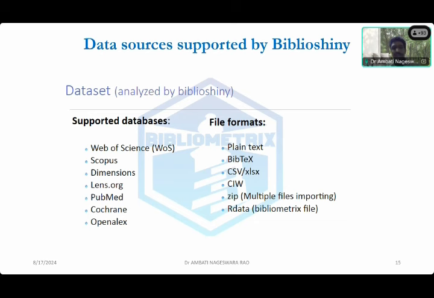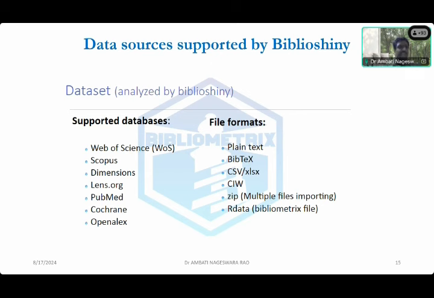Now, a very important point. Some of you might have access to Web of Science, some to the Scopus database. If you are downloading the data from Scopus, then for the Biblioshiny app we are going to import the data in the form of BibTeX.